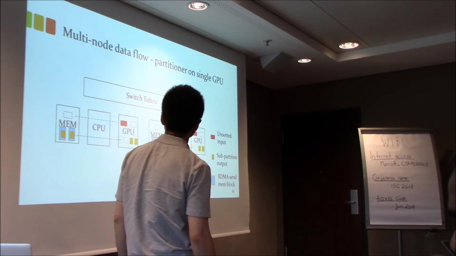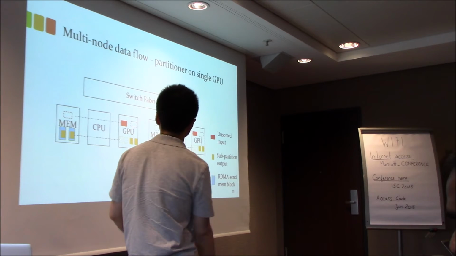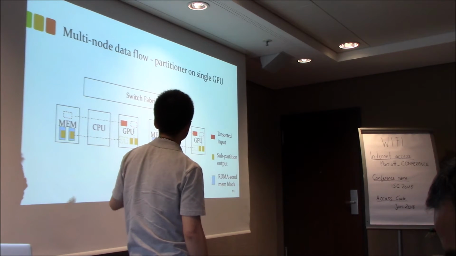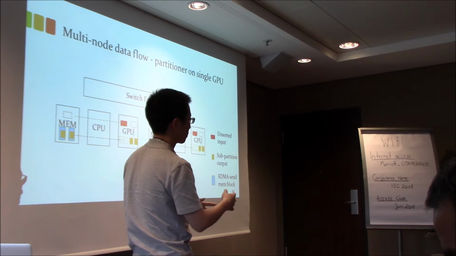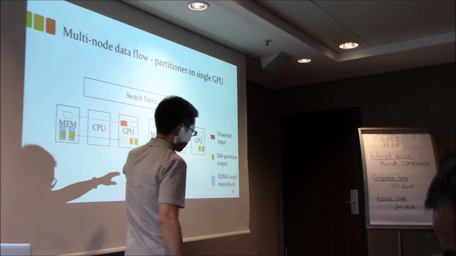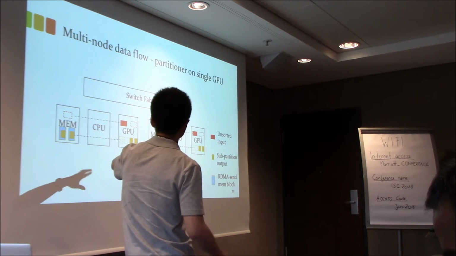During the partition, all the data movement happens within a single socket. This is different from the previous single-node case because we do not have to use the cross-link to send to the peer node, since the data will be shuffled.